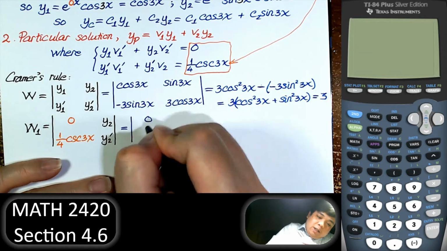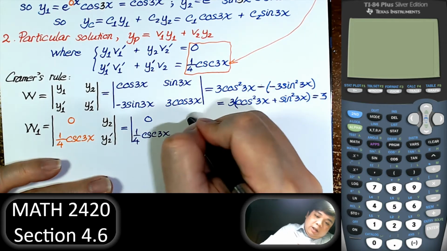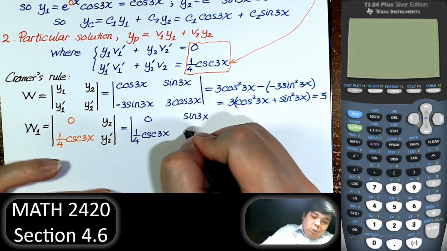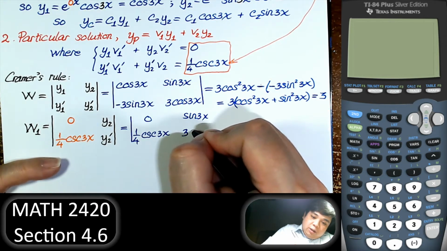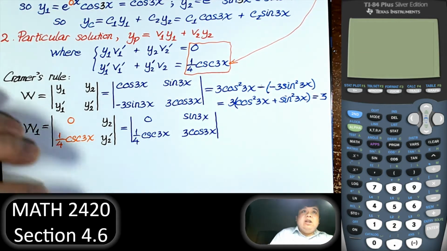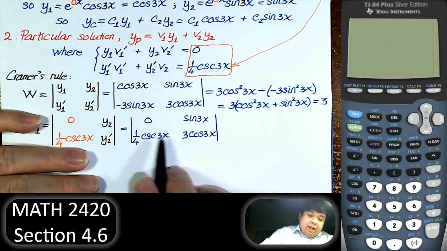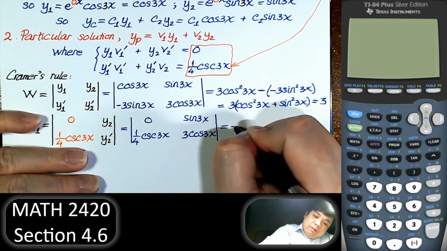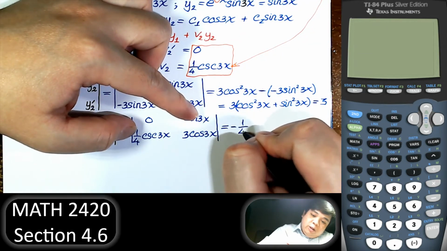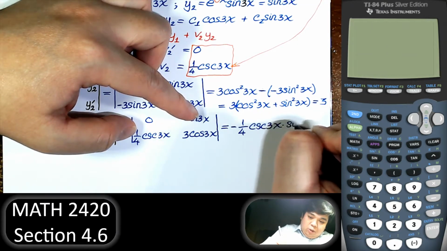Right, 0, 1/4 cosecant of 3x, sine of 3x, 3 times cosine of 3x. I did say that you need to write very small because this might take a lot of space. Right, cross multiply, that's 0, and we have negative 1/4 cosecant of 3x times sine of 3x.